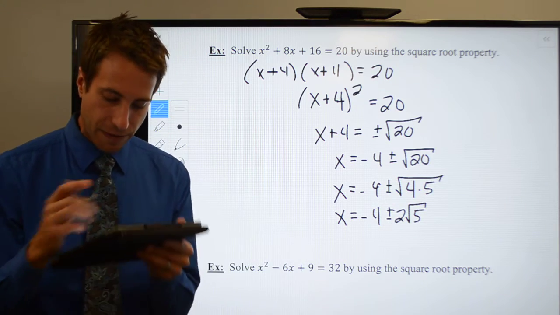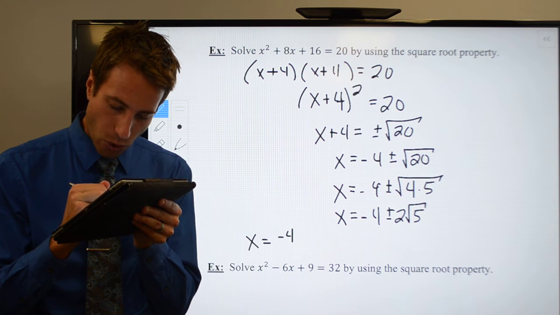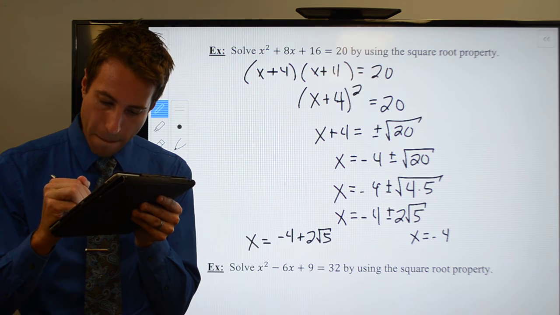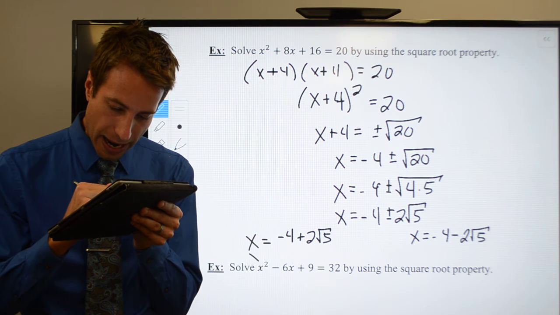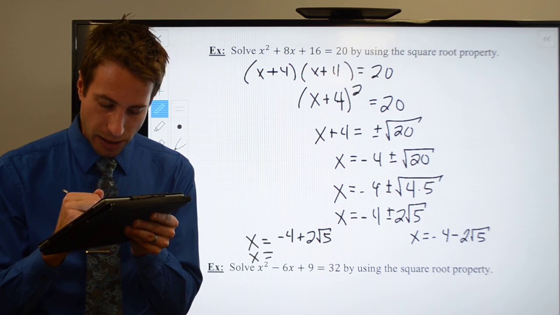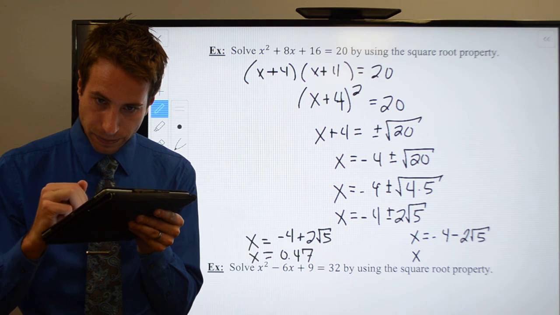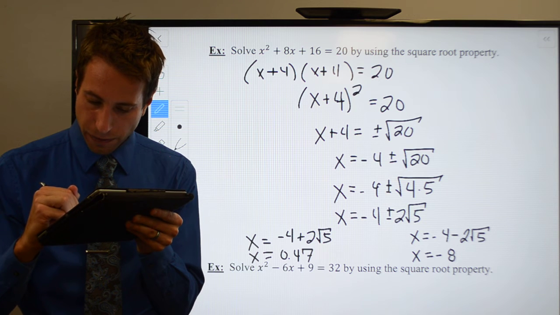You would have negative 4 plus 2 square roots of 5 and negative 4 minus 2 square roots of 5. And I do have those as decimals, 0.47 and a negative 8.47.